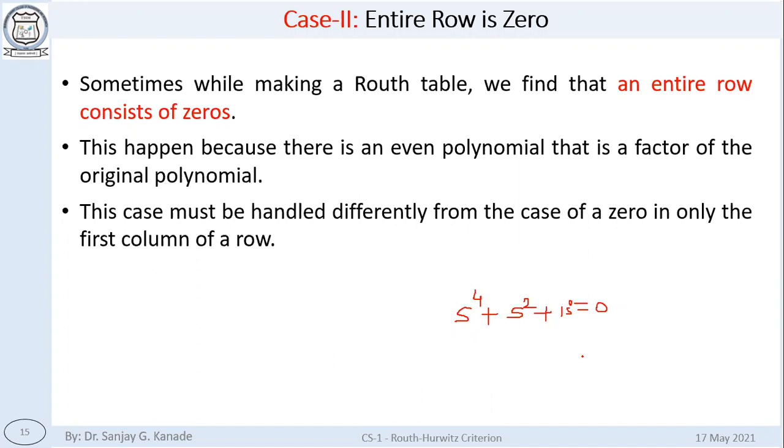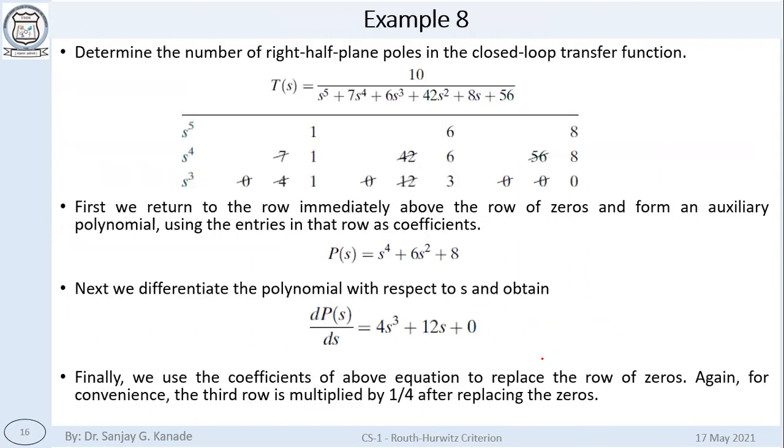This is an even polynomial. Odd polynomial means there are only coefficients of odd powers, and even power coefficients are 0, like that. So this case has to be handled in a different way, and this is actually a very different situation also, and that's what we are going to see.